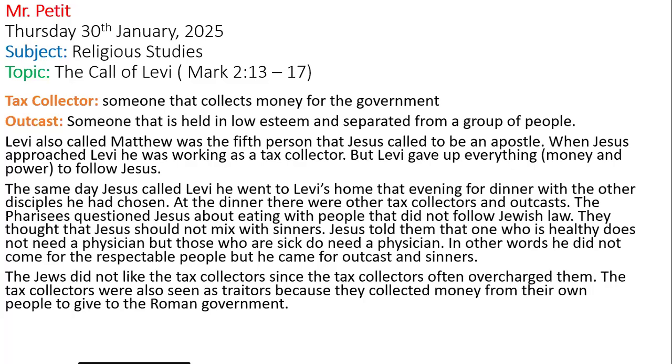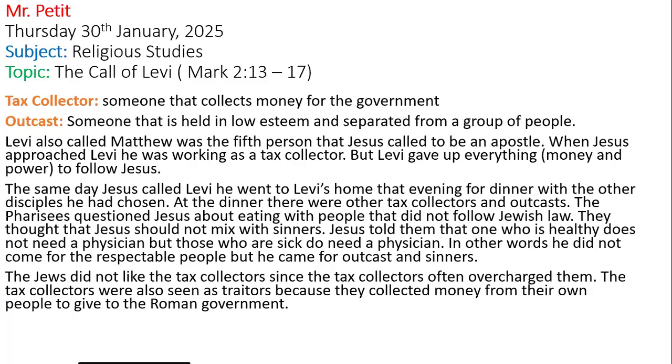Laura Green, who is a tax collector? Someone who collects money for the government. Very good.